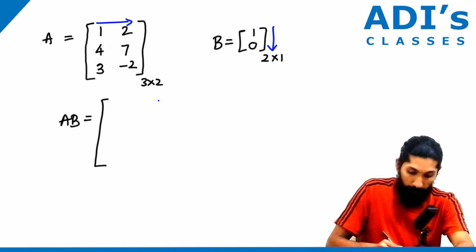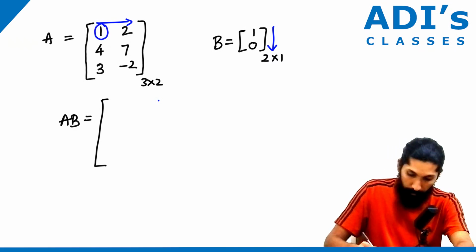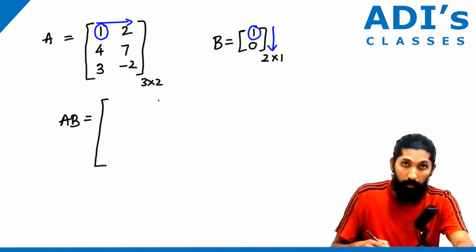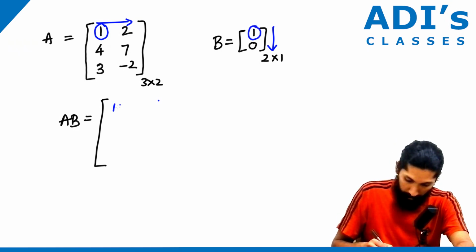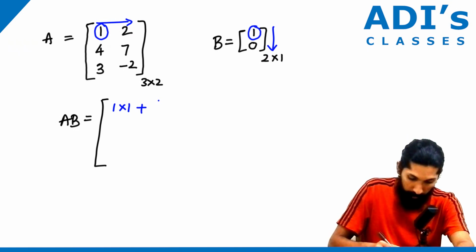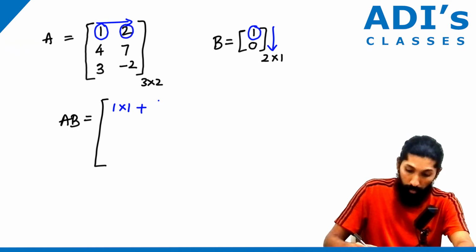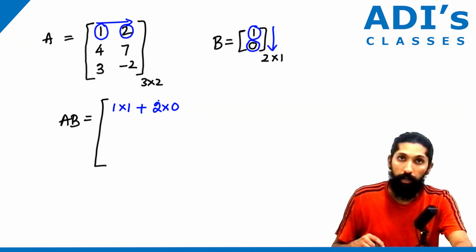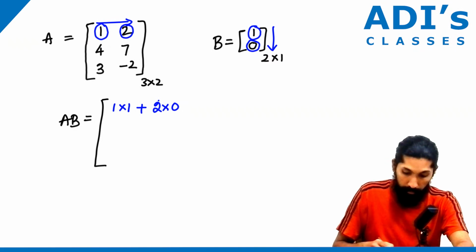In the sense, first we take 1 and 1. So 1 into 1 plus, this one is 2, this is 0, plus 2 into 0. So 1 into 1 plus 2 into 0.